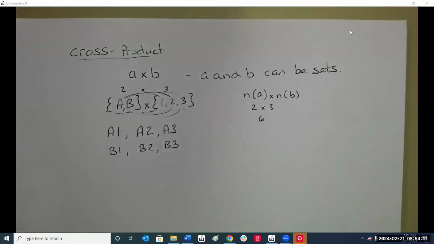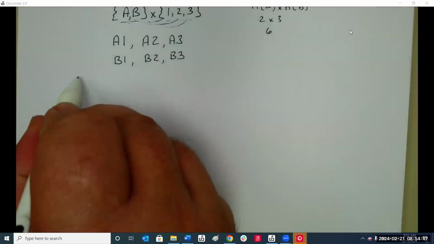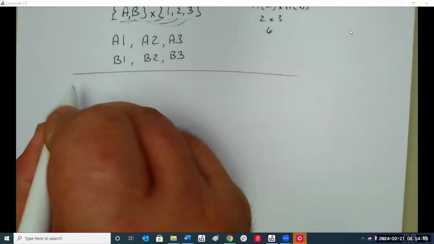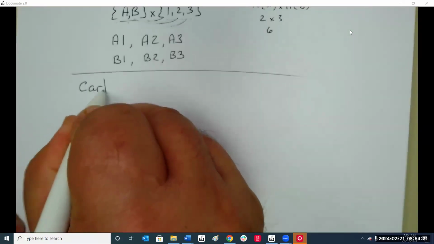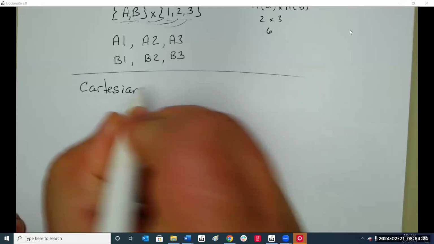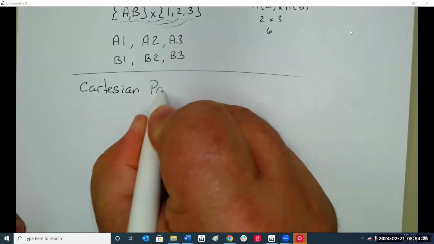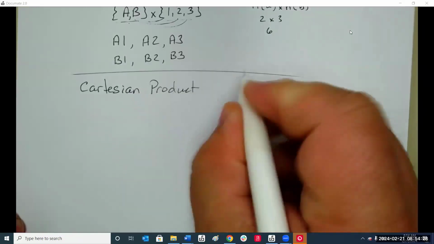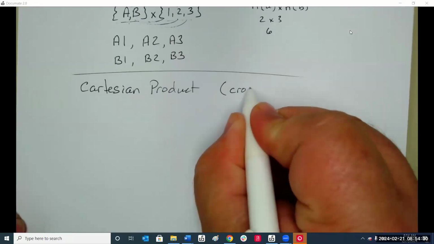So the Cartesian product, that's what we just talked about. That's the cross product.